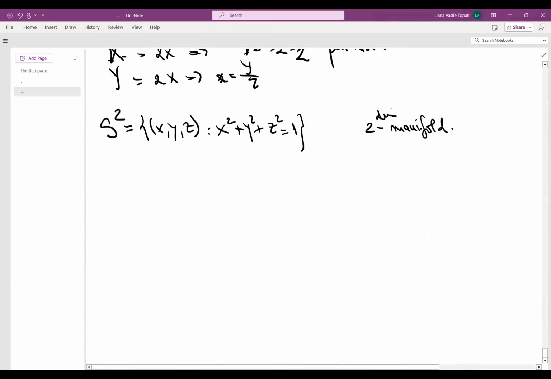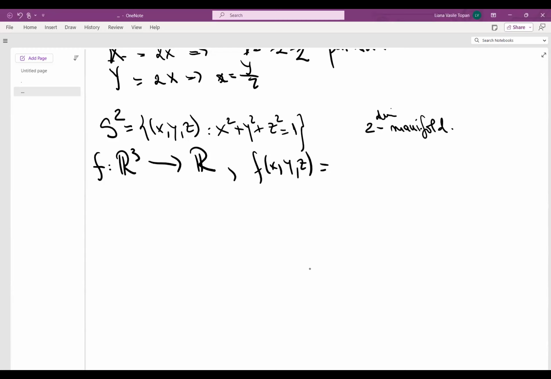Let's define a function. I'm going to define f on R cubed with values in R. You see that already the dimension of the domain is 3, which is greater than the dimension of the codomain. And we take the function f of (x, y, z) to be x squared plus y squared plus z squared.